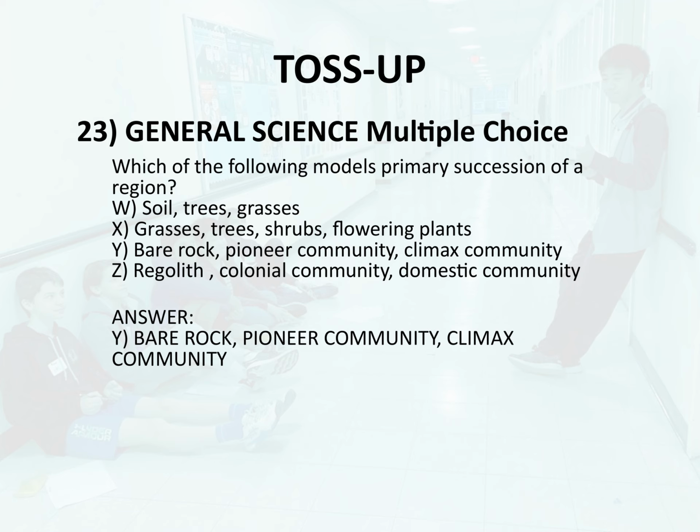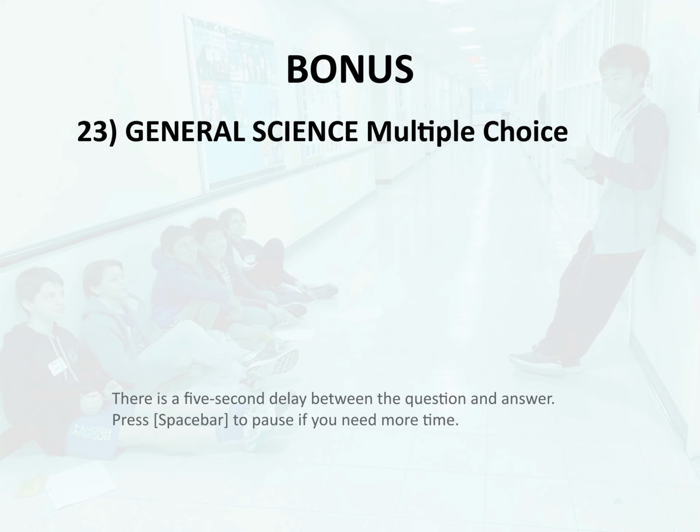Bonus 23. General science. Multiple choice. What is the difference between basic and applied science? W. Basic science is less difficult than applied science. X. Basic science describes fundamental phenomena while applied science seeks to address practical problems.